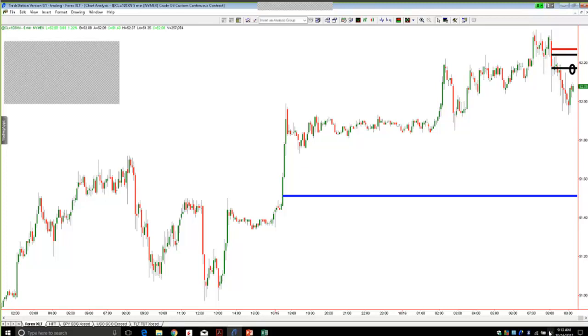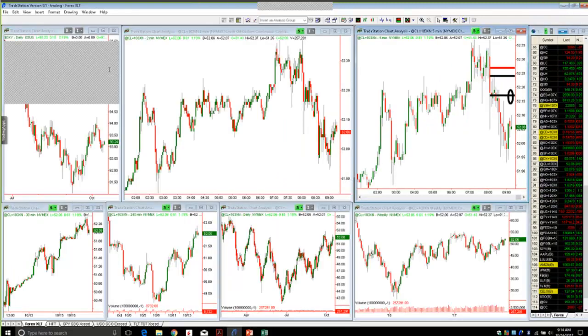Okay. All right, let's keep going. Yeah, oil expires much more frequently than others, right?